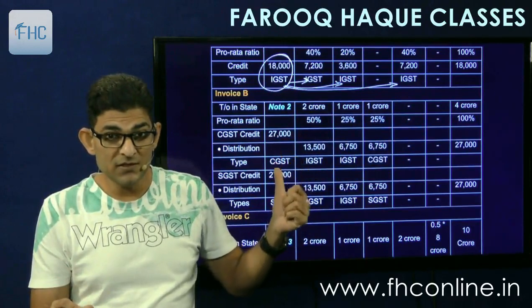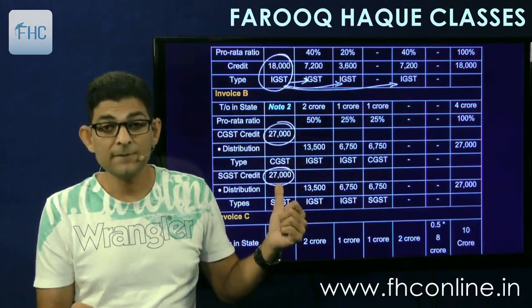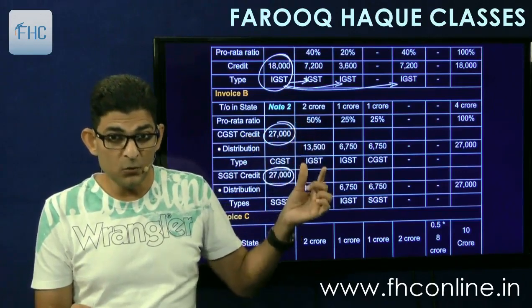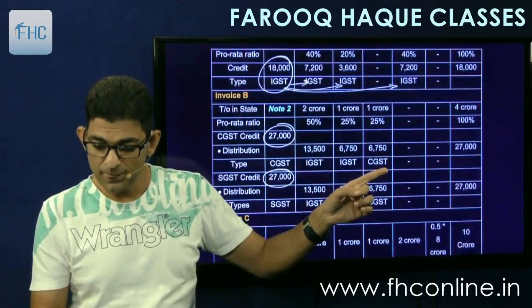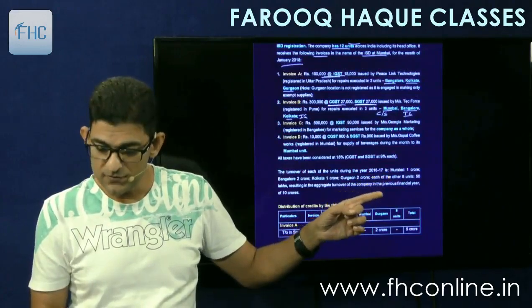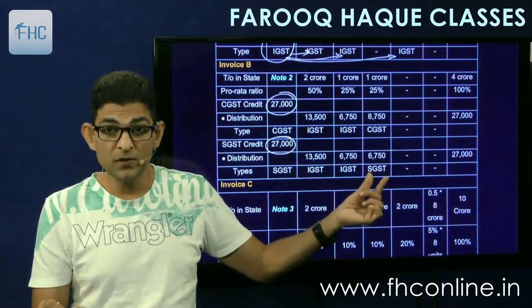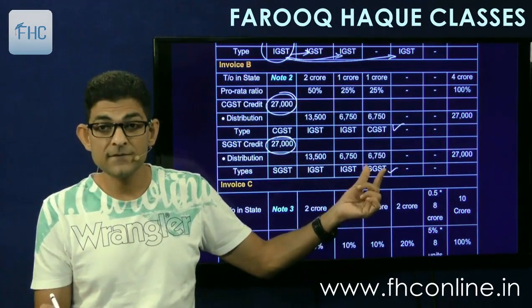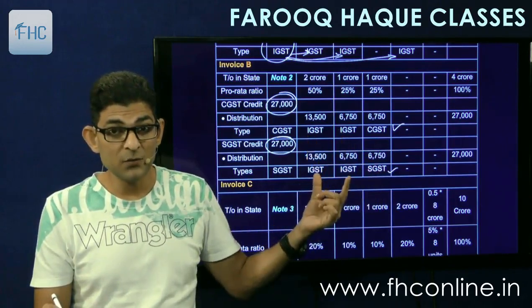27,000 is the CGST and 27,000 SGST. CG, SG. Now when this is distributed to the Mumbai unit, it will remain CG. So I think this is the Mumbai unit. Yeah, this is the Mumbai unit, the third one. So for the Mumbai unit it will remain CG, SG, CG and SG. But for these two units, as they are in different states, it will become IG.